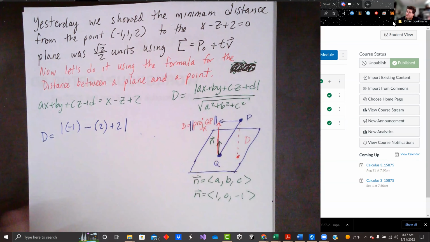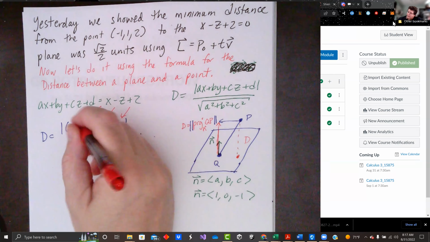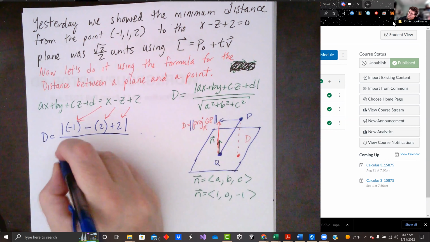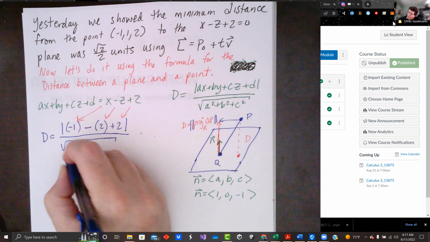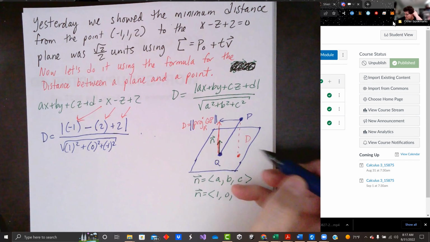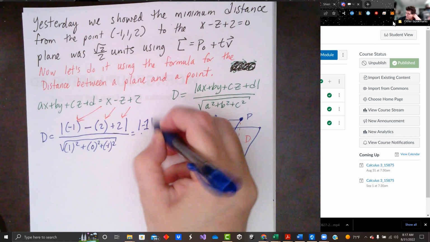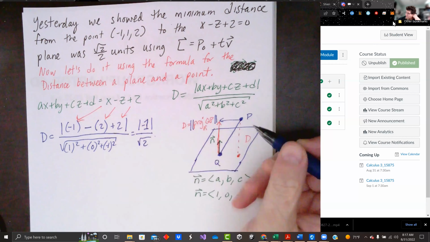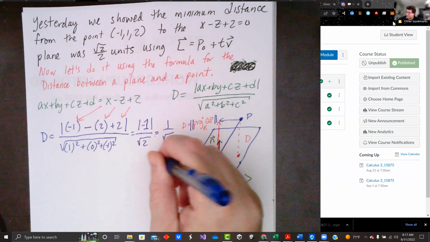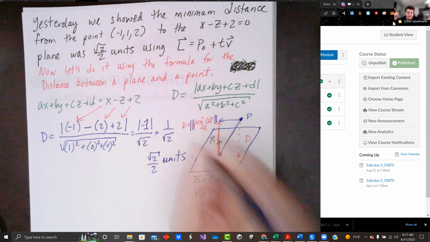That's my D. And on the bottom, we have the square root of 1 squared plus 0 squared plus -1 squared. Clean up the top, we got the absolute value of -1. The bottom is the square root of 2. And so we get 1 over √2 or √2 over 2 units. So there's more than one way to find that distance.